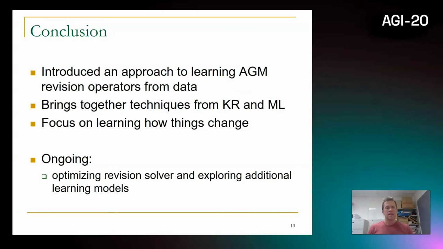But in every case, the idea is the same. We're trying to get people to, instead of just learning the action to take or learning the classification to make, use all this data to actually learn the mental model that an agent uses to revise. And in this case, the mental model is based on a very well-known belief revision system called AGM. Okay, and that's it. Thanks, everybody.